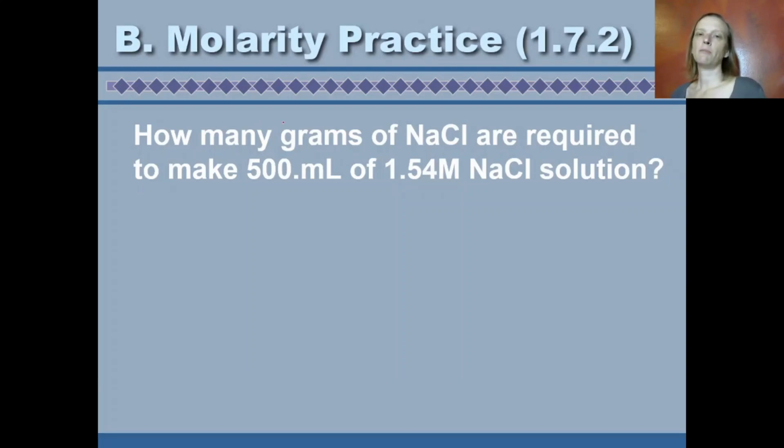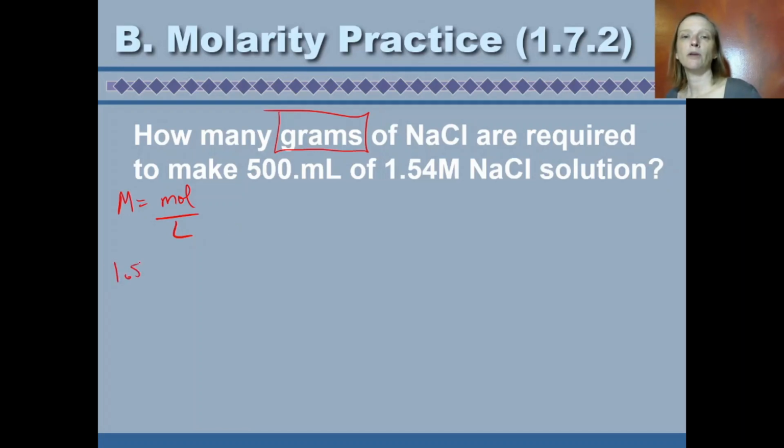Like the last problem, we're trying to calculate grams. So first we'll use our concentration equation to solve for the number of moles, and then we'll have to use dimensional analysis to convert from moles to grams.